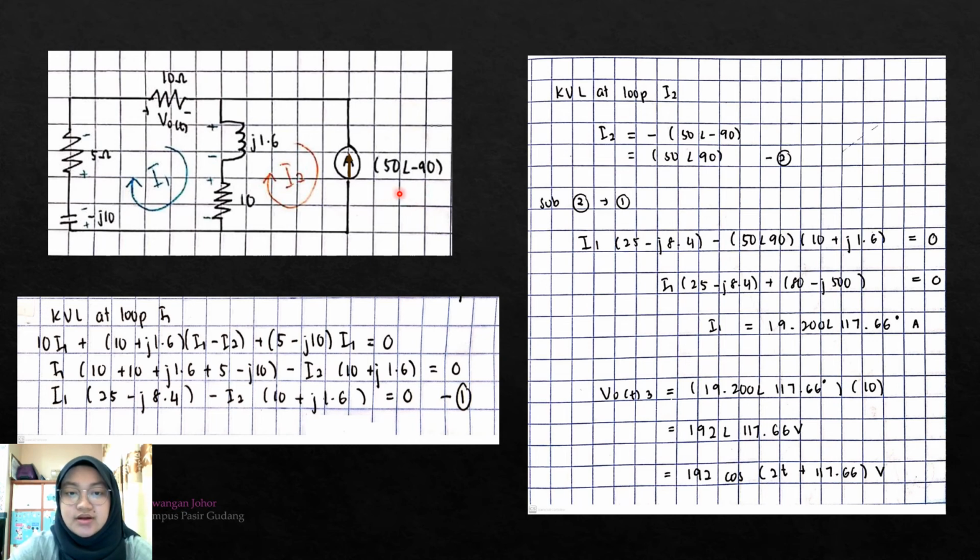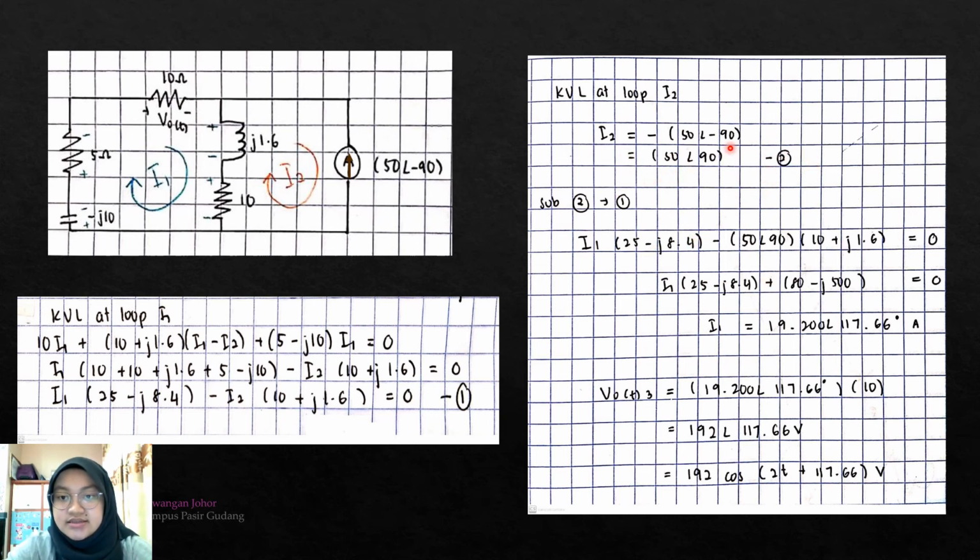I2 equals negative 50 angle negative 90 degree. Why do I insert negative here? Because the current source is in the opposite direction with the loop. The loop is clockwise, but the current source is in the opposite direction, so I must insert negative to make it consistent.